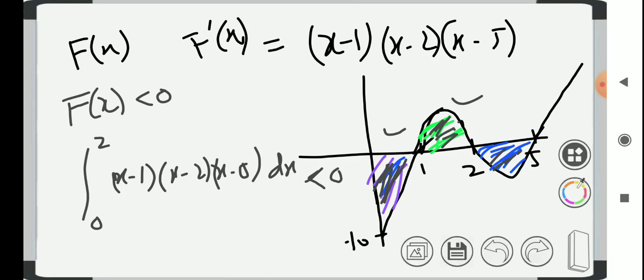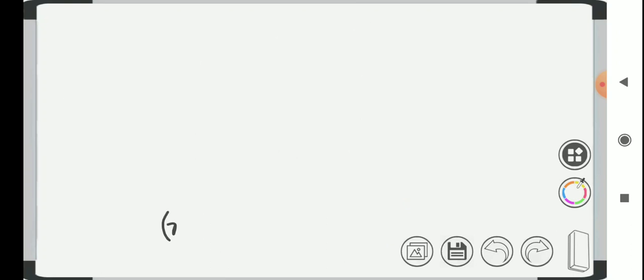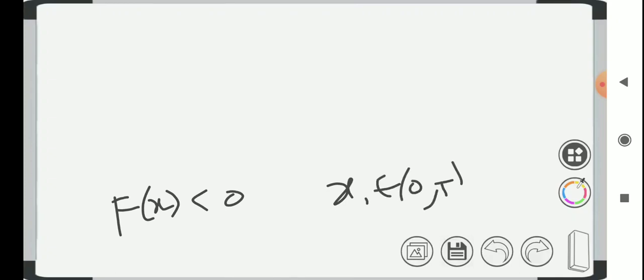You can easily calculate it; it is a degree 3 polynomial. And the last part is also negative. Therefore F of x is less than 0 for all x belonging to 0 to 5. Therefore it cannot cut the x-axis in this interval, so F of x cannot be 0 in this interval.